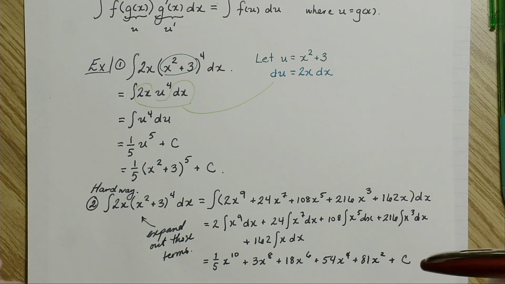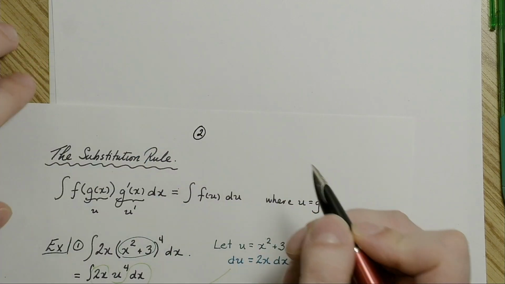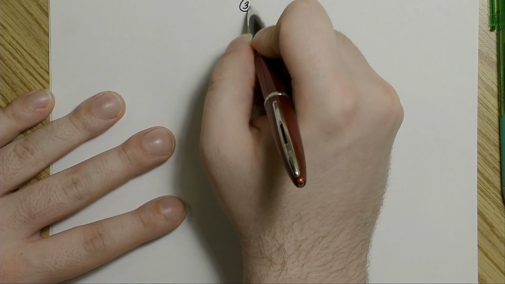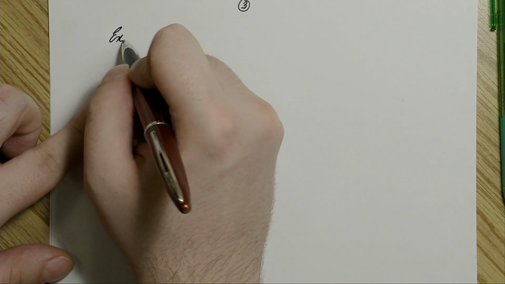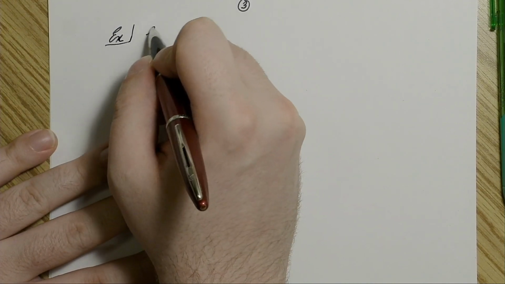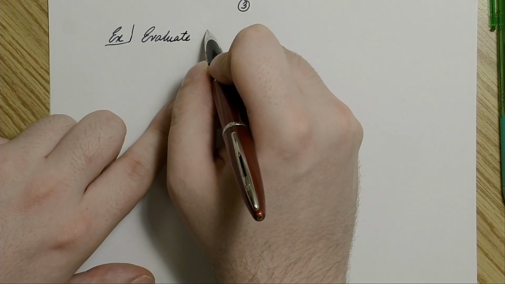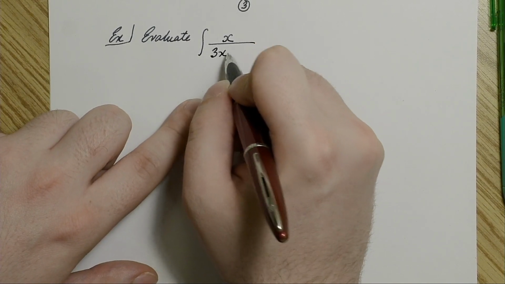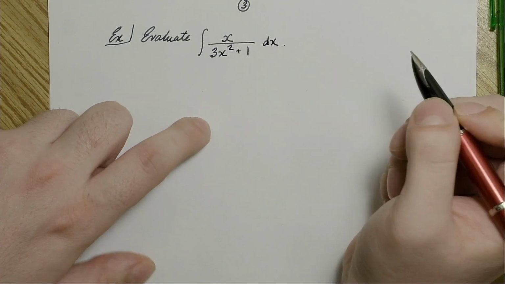So what other problems could I come up with where expanding it probably wouldn't have been able to? Here's another one. Here's number 3. So here is an example. We're going to evaluate the integral of x over 3x squared plus 1 dx.